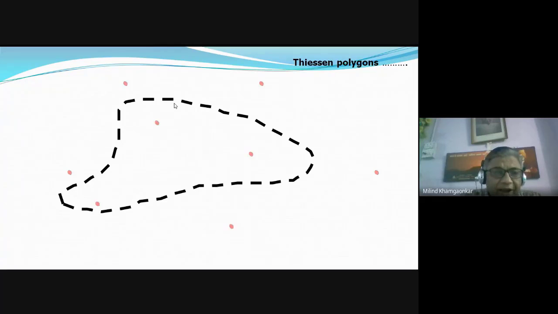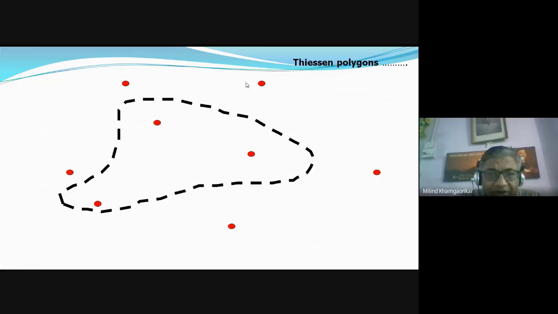The other method is Thiessen's polygon, wherein the catchment is subdivided based on the weightage given to the rain gauge stations, as has been shown here by the red dots, and the catchment is shown by the dotted line.